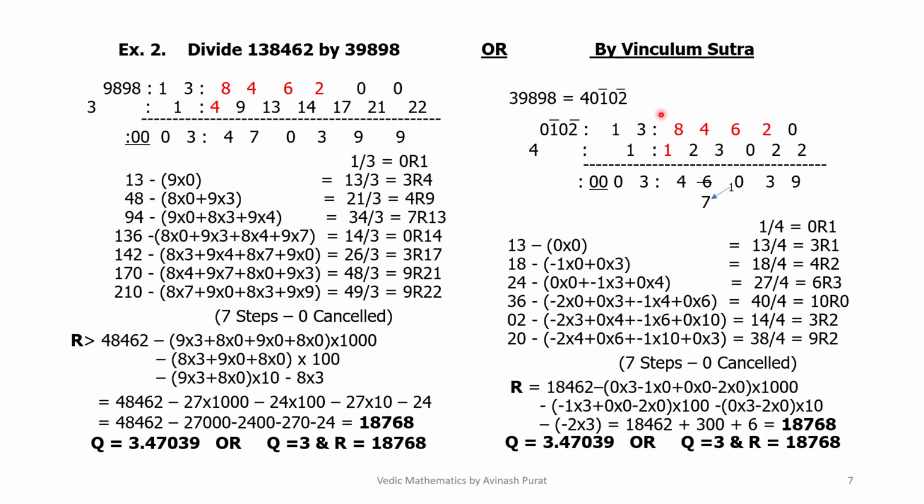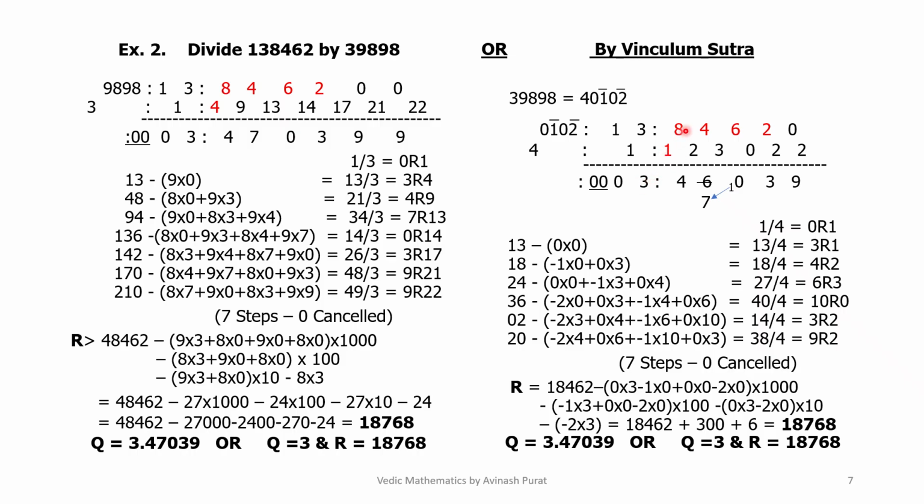So division now: 1 divided by 4 equal to 0, or 1 is remainder. So 13 minus 0 into 0, that is 13 divided by 4, quotient is 3 and remainder is 1.